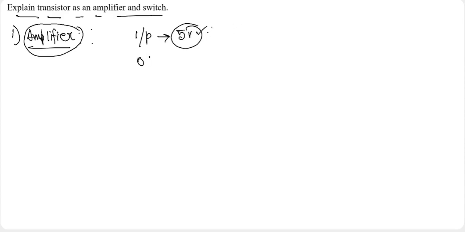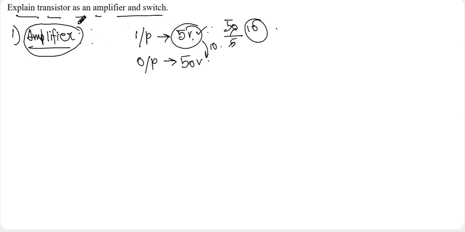And at the output side, we are getting a signal which has a peak amplitude of 50 volt. So, what is the gain here? 50 by 5, which equals 10. So, the input signal is amplified by a factor of 10 when we are using an amplifier.